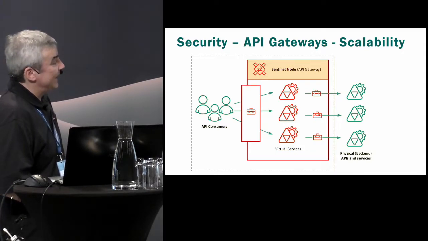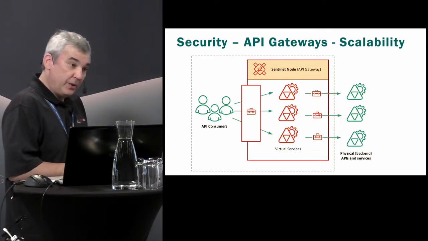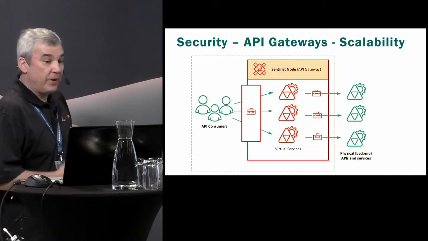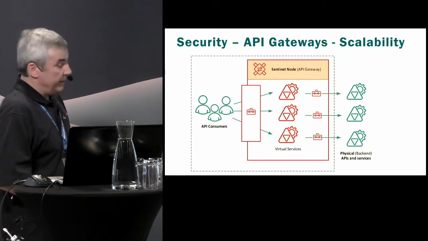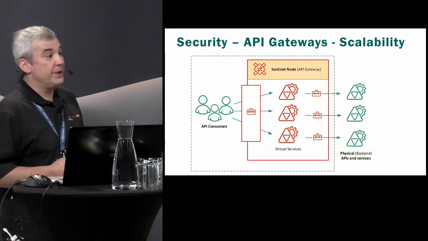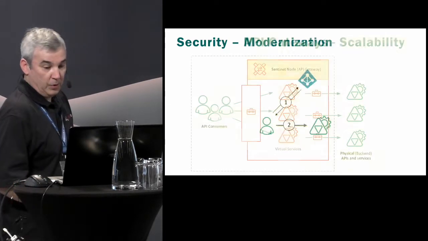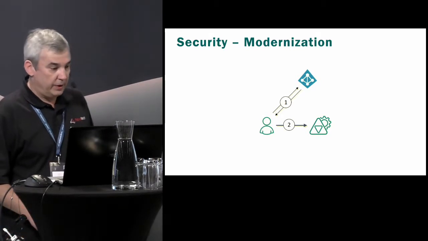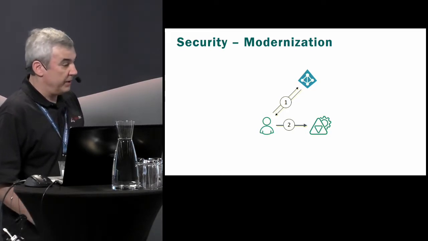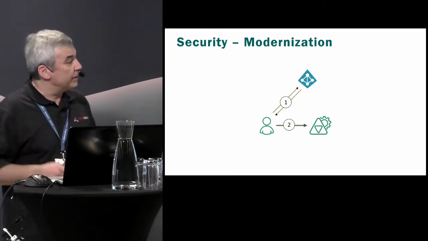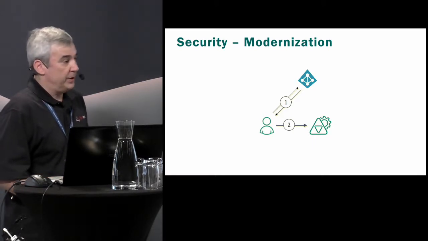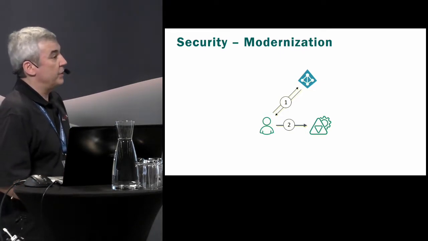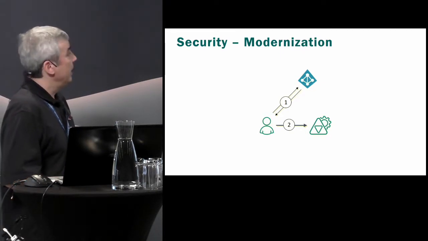So scalability can also be addressed by the gateway, giving you the opportunity to unify and simplify your own job. Another interesting aspect is actually modernization of the security models. So you might have today, running your APIs or planning to run them, relatively simple, classical, traditional security models, but you are looking to modernize them and take advantage of the benefits they provide.